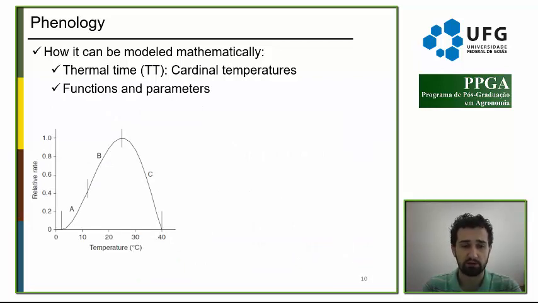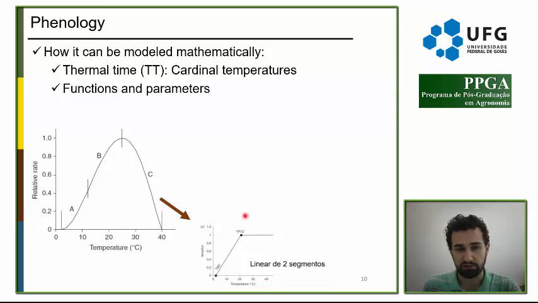Here is the real response for the crop. We have this curve, and you can make some adjustment using spline equations. Here we have one possibility where I have this linear of two segments. I have a linear period where the crop is increasing to the optimum, and after this optimum I consider that the crop has a maximum development per day occurring after this temperature.